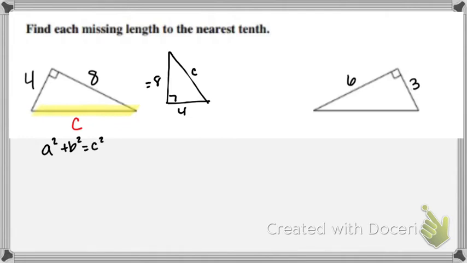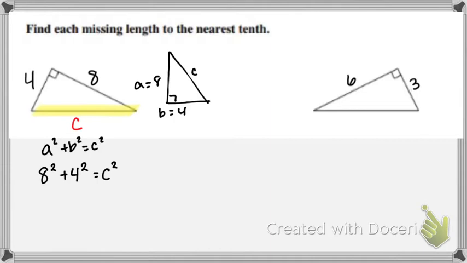And here we can put this as a, this as b, and c. We don't know what that is. So I'm going to put in 8 squared plus 4 squared equals c squared. I'm leaving it at c because I don't know what it is. So that's our first step, assigning a, b, c, and putting it into the formula.